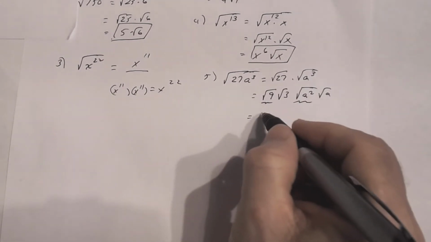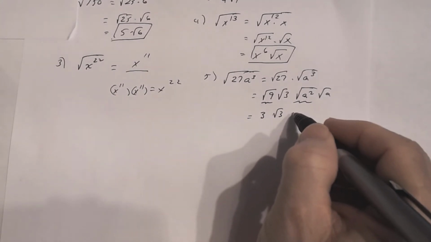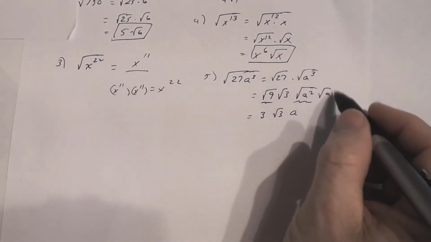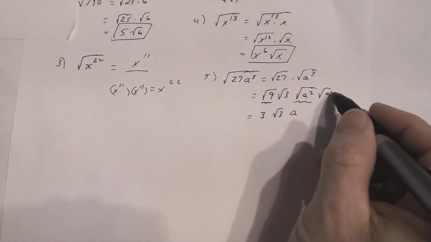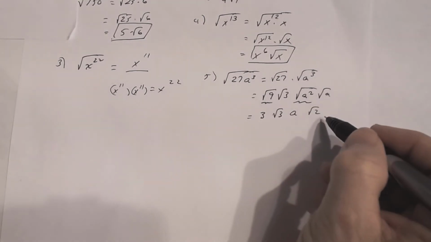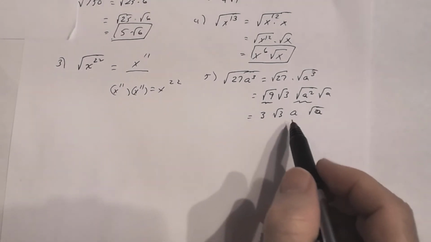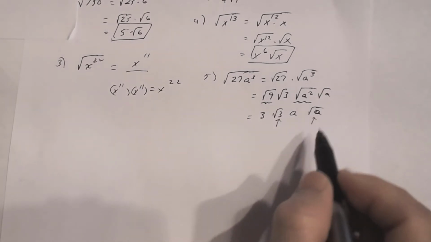So the square root of 9 is 3, times the square root of 3. The square root of a squared is just a, because a times a is a squared. And I cannot simplify the square root of a because the exponent of a, which is 1, is less than 2. All right, now you have to rewrite this. You can't leave your answer like this, because when you're dealing with square roots, you can multiply the radicands.